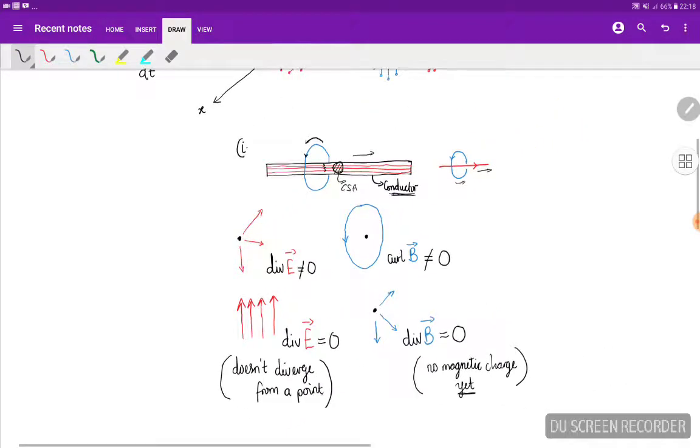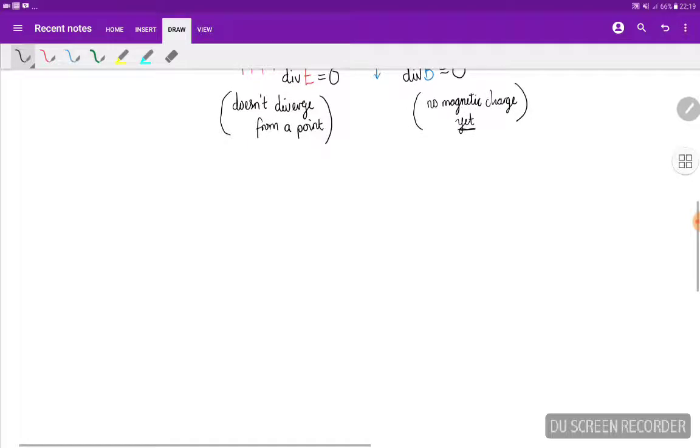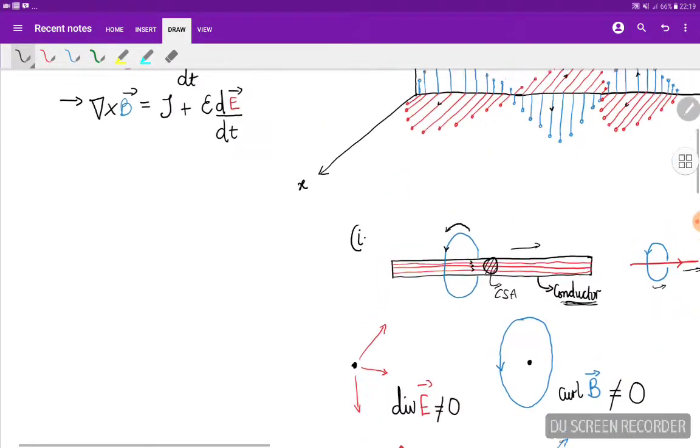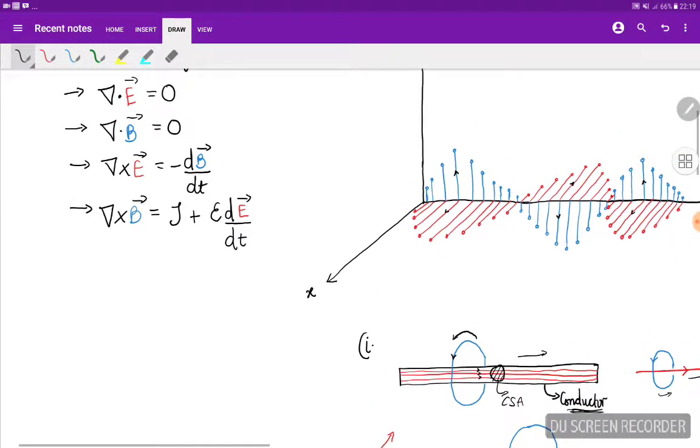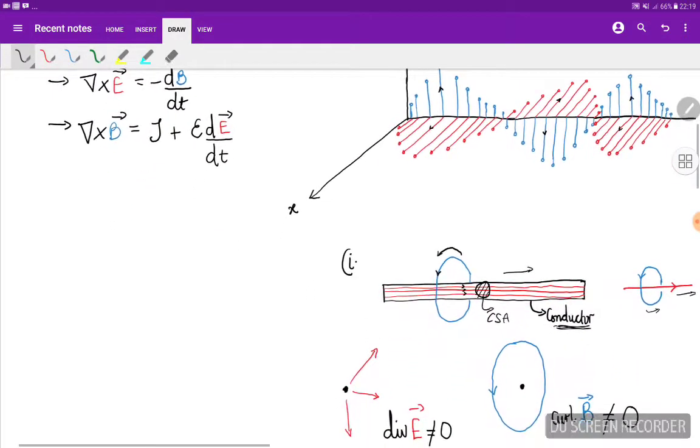Now let's quickly delve into the mathematics behind this. Let's pick the last two equations.